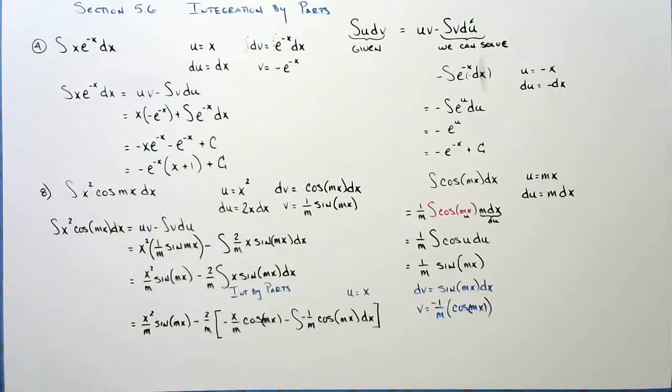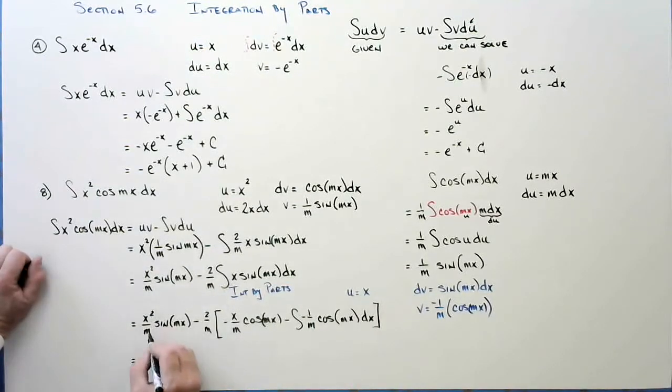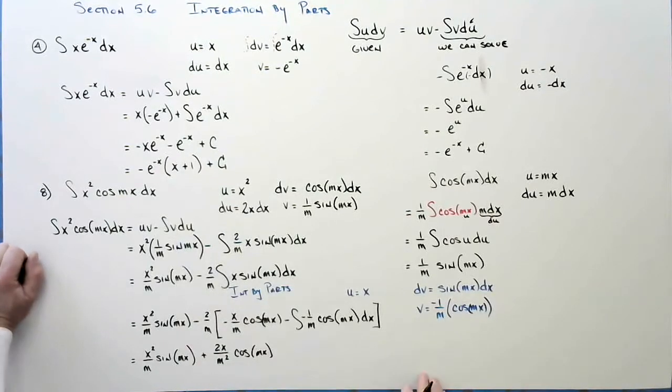Now, if we clean all this up, this stays x squared over m sine mx. Negative times negative, that's going to give me plus 2x over m squared cosine mx.